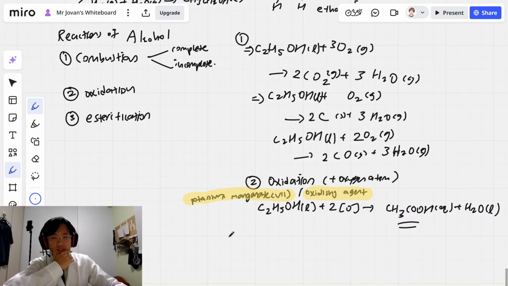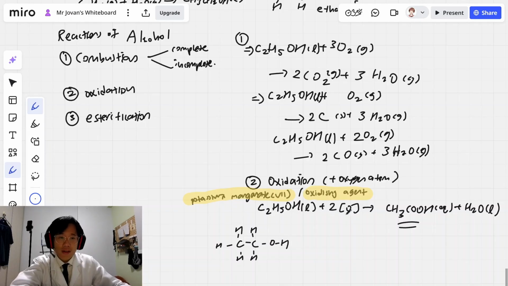I'm going to draw what it looks like right now. So we have C, C, H, H, H, H. What am I doing with this O? Hmm.